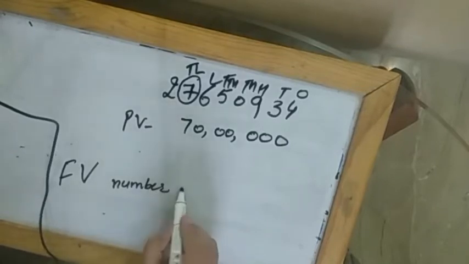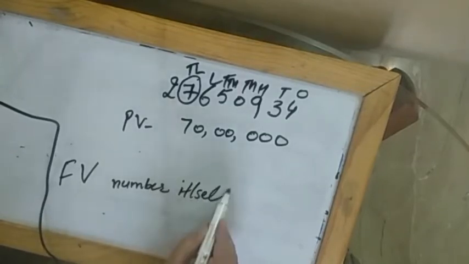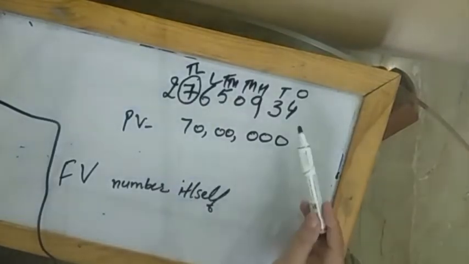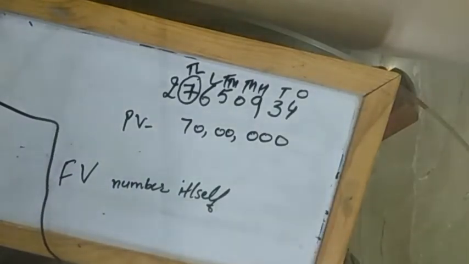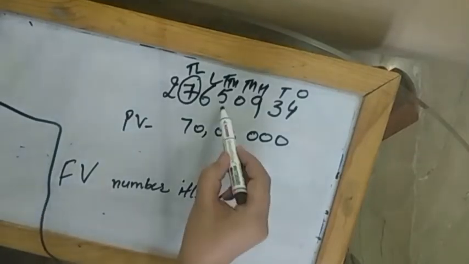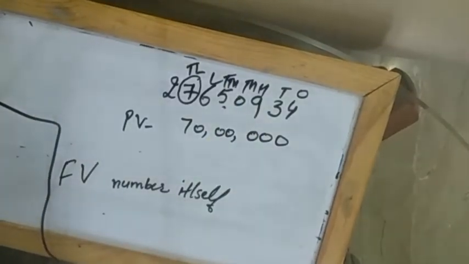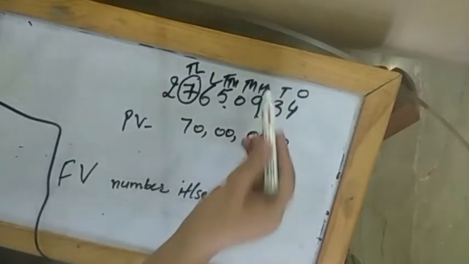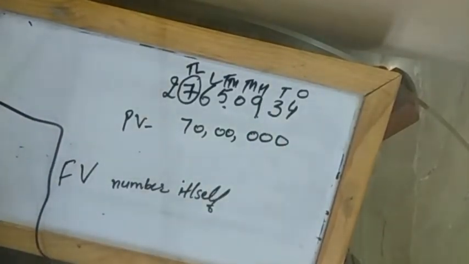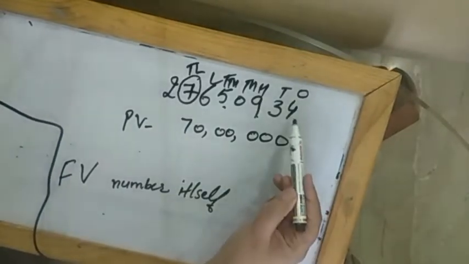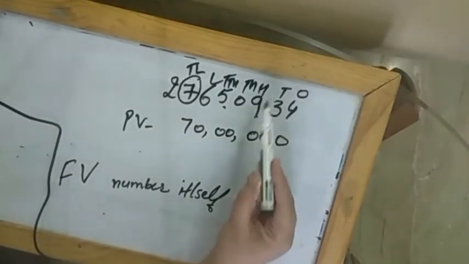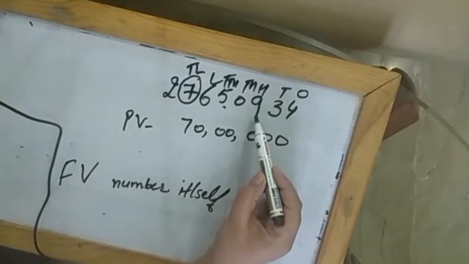If I say what is the face value of 4, the face value of 4 is 4, the number itself. What is the face value of 5? The face value of 5 is 5. What is the face value of 9? The face value of 9 is 9. The place value of 9 may be 100, but the face value is the number itself, which is 9.